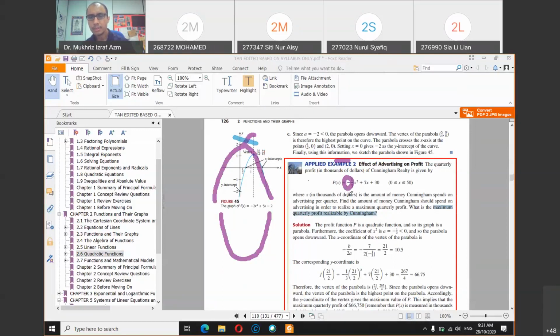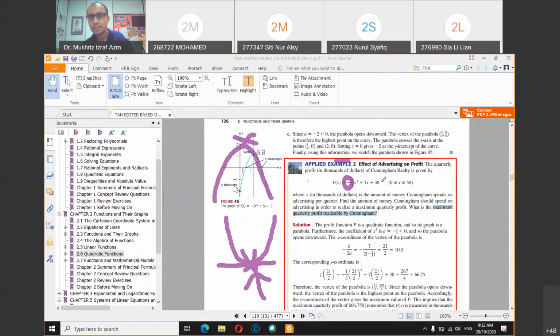But if the sign for your x square is positive, then the shape of your graph will be U-shaped, and the bottom here is what we call the minimum point. Minimum point, usually you don't refer to profit, but you are referring to the cost function.